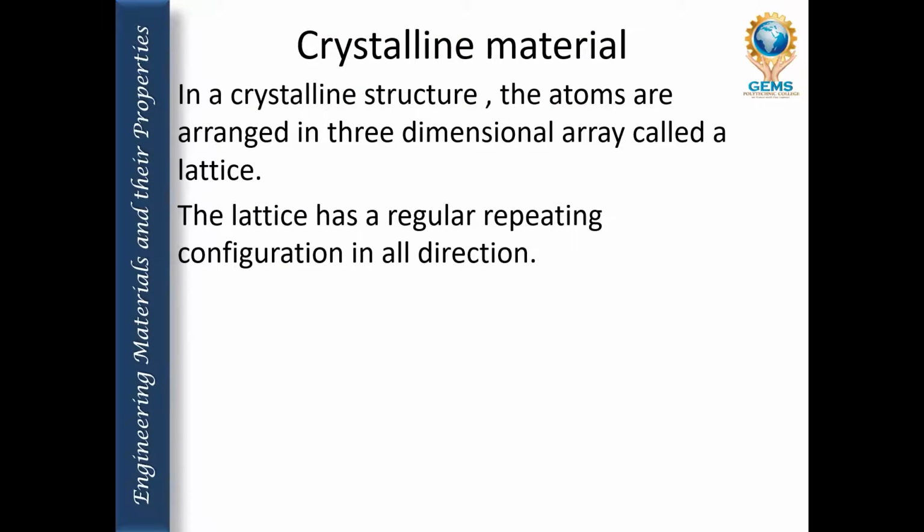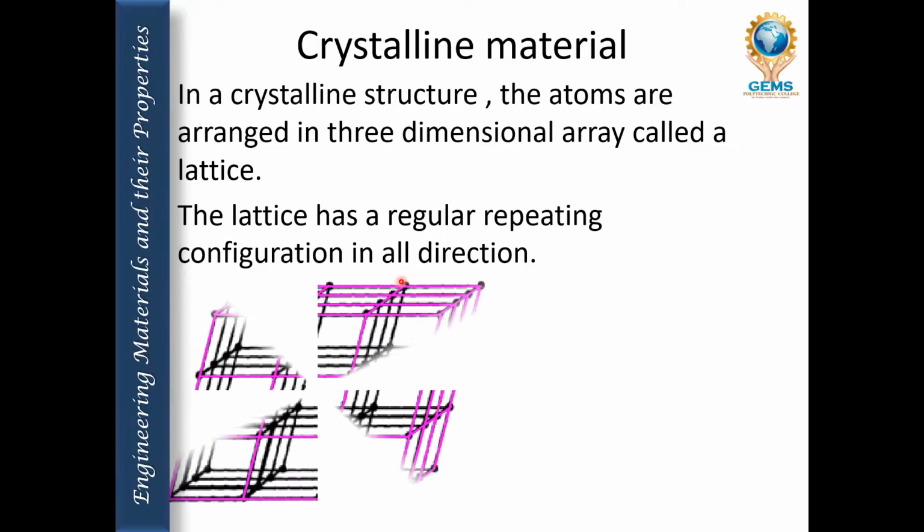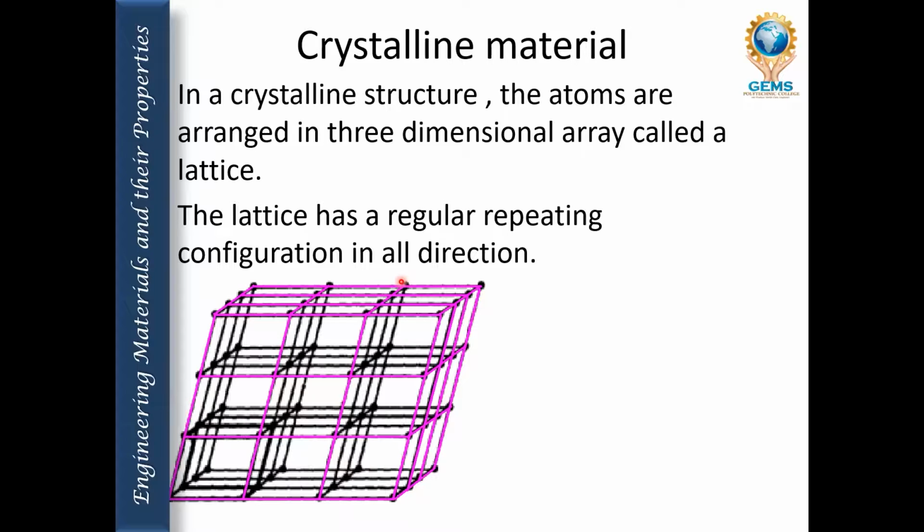But in polycrystalline, the arrangement of atoms is not like that, and amorphous is completely different. In crystalline materials, the atoms are arranged in three-dimensional arrays called a lattice. The lattice has a regular repeating configuration in all directions. This is an example of a lattice. See, in this crystalline structure there is a three-dimensional array of a lattice where everything is arranged in a proper manner.